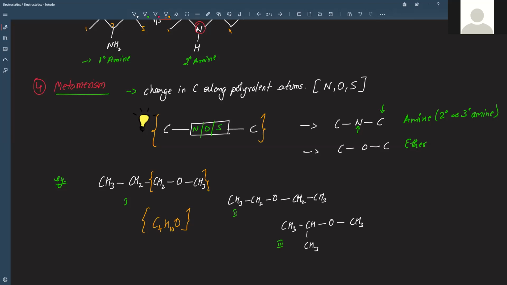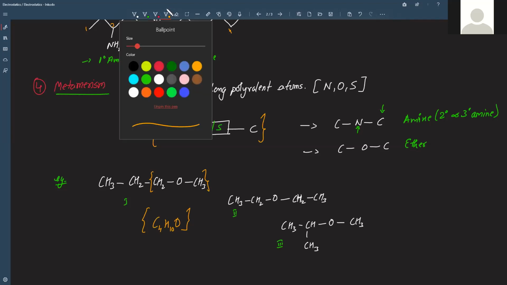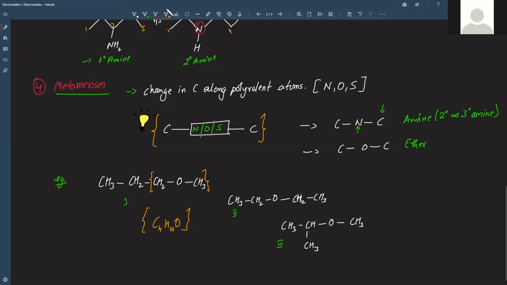In structural isomers, our first preference should be this preference. I'll write it once again. I think we have done it earlier, but I think that was wrong. Among chain and positional, we made some mistake there. So the first priority is always functional. Then the second priority among whatever we have studied till now will be given to metamers.